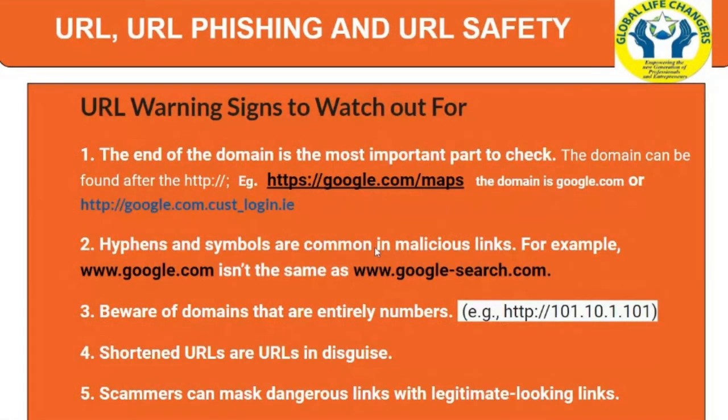However, not all URLs are created equal. Malicious URLs are lurking in emails, as I just said, text messages, social media posts, pop-up windows, and many more. Scammers create and distribute these links and try to trick users like you into clicking them.